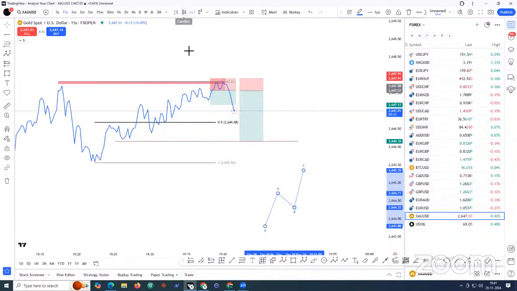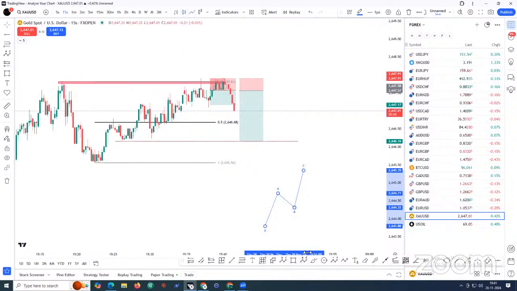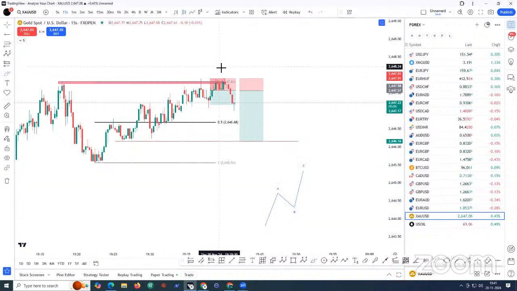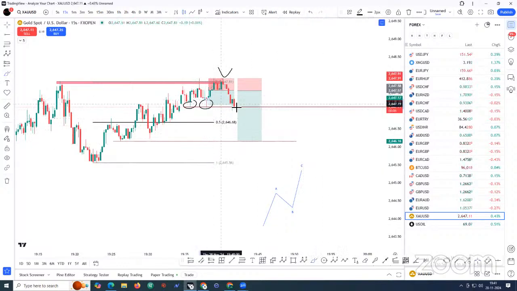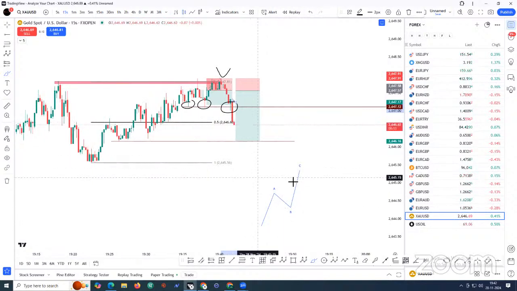But now, see, it has come to this first target. It has been done. Now you can wait for this particular area to close, because you can see the three candles here, one, two, and third. These are buying pressures, but now it moved downside.